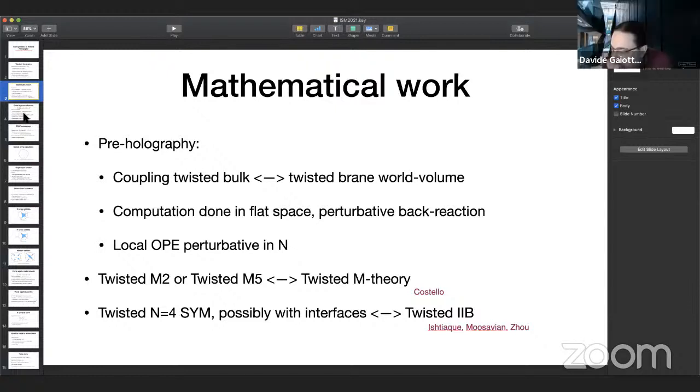I'm not sure. I mean, clearly in a holographic situation, there is a global supercharge, because of the local gauge symmetry in the bulk. It's restricted to the boundary. But I'm not sure it would have the same effect.